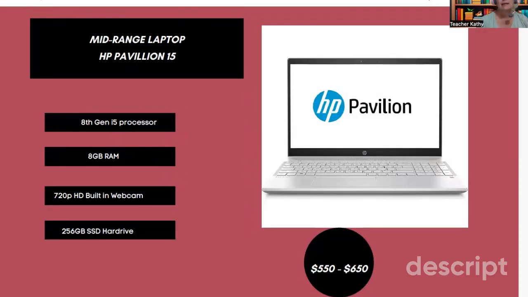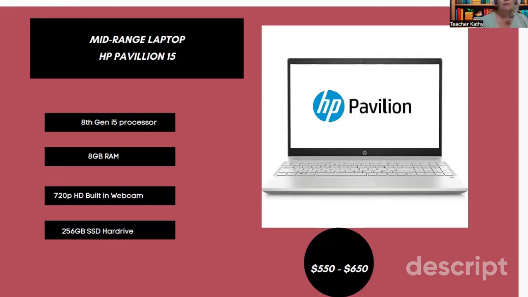Okay, let's look at a middle of the range laptop. And here for the example, we've got the HP Pavilion. This has got an 8th gen i5 processor. It's got 8 gigabytes of RAM. It's got a 720p HD built-in webcam, so that's perfect.